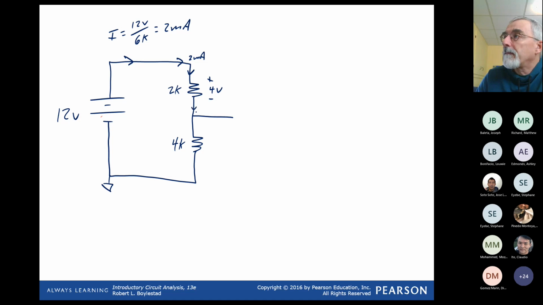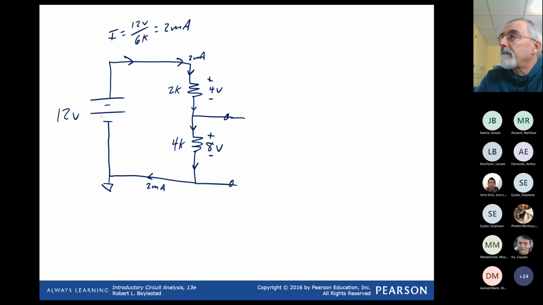The 2 milliamps carries on. There's no connection here. 2 milliamps carries on and gives us a drop here of 8 volts. So we have 8 volts from this point to this point.